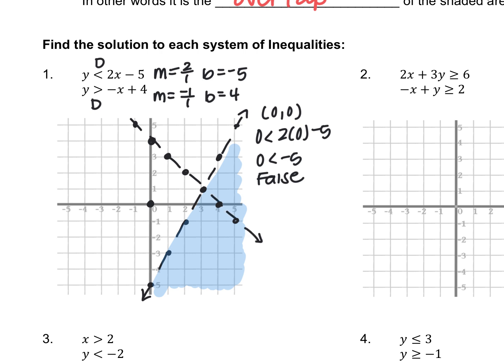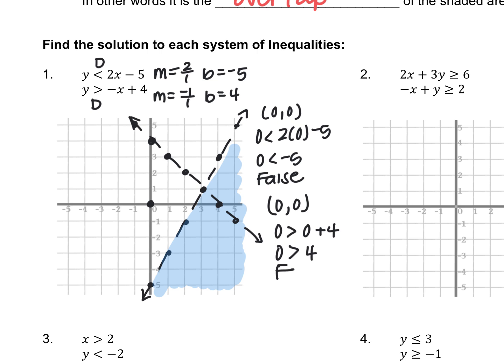Is the point where it crosses relevant at all? No. Can you pick the same point? Yep, we're going to pick 0, 0 again. As long as it doesn't fall on the line, you can pick it. So then we have 0 is greater than negative 0, which is just 0. There's no negative 0. 0 plus 4. So 0 is greater than 4. True or false?